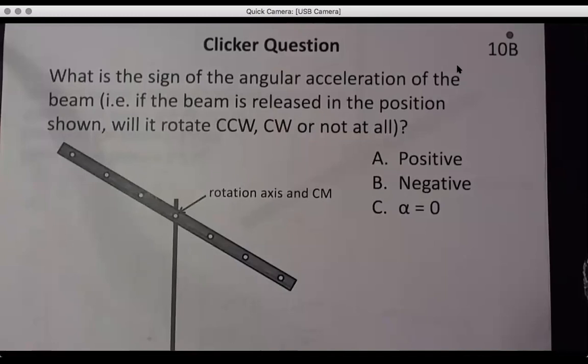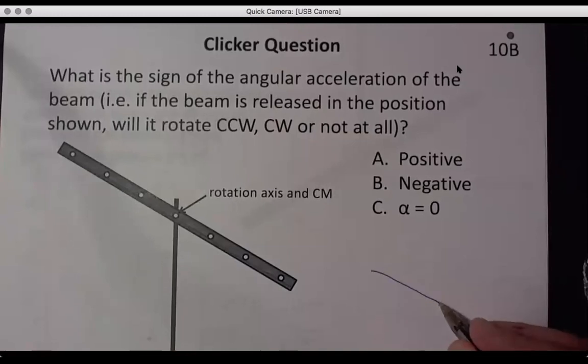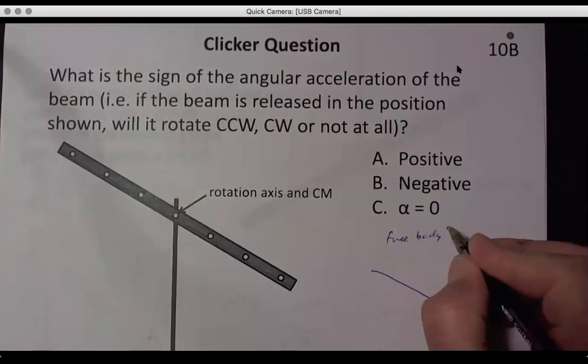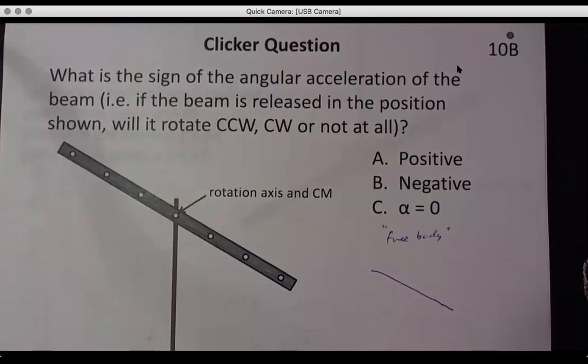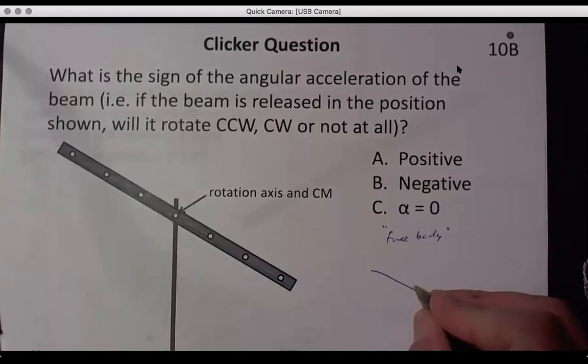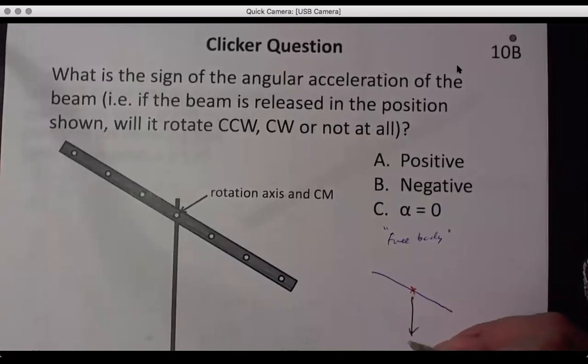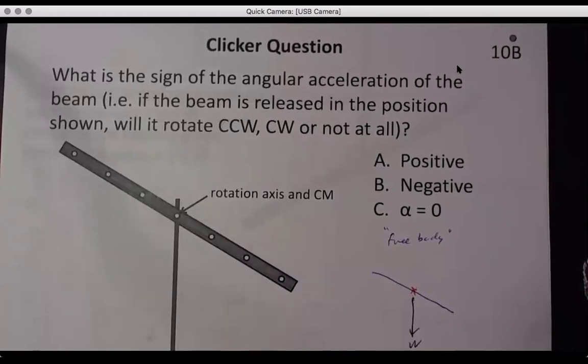Well, we draw our free body diagram. We put the rotation axis right where it tells us to, in the middle. We'll put some forces on this, right? There's the weight. Any other forces? No other forces, nothing on there, just our beam.